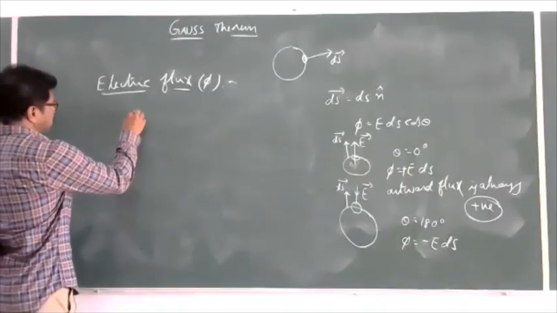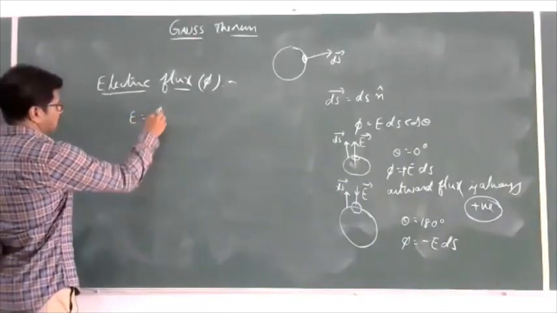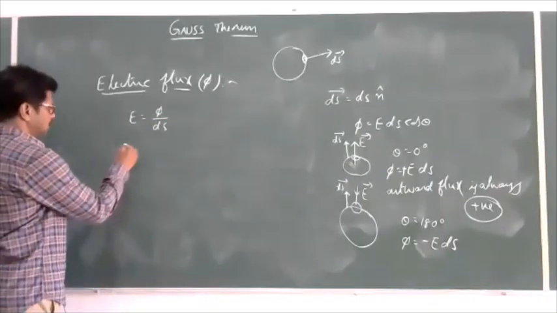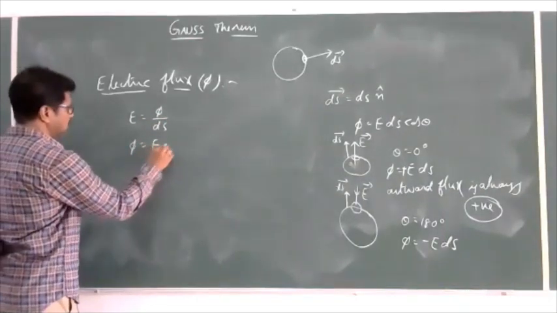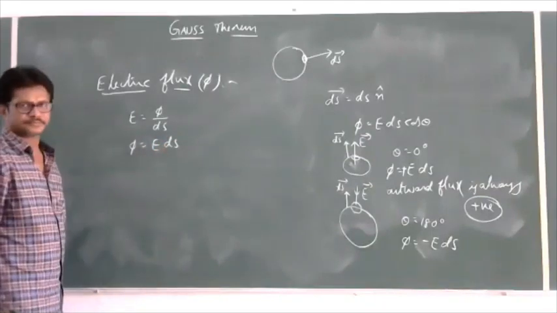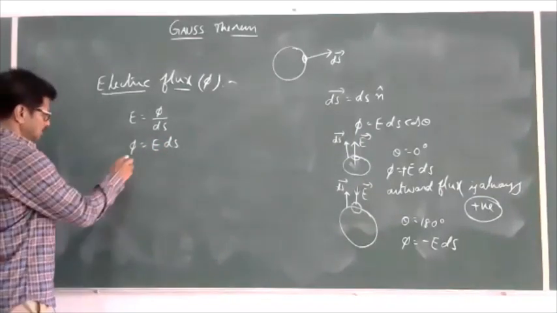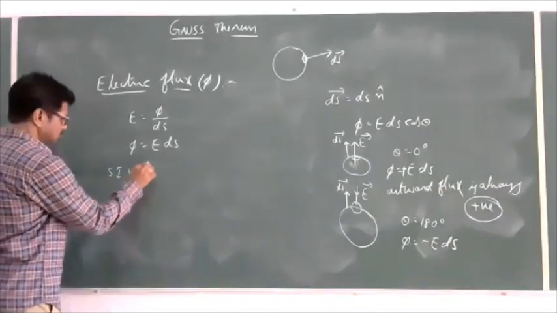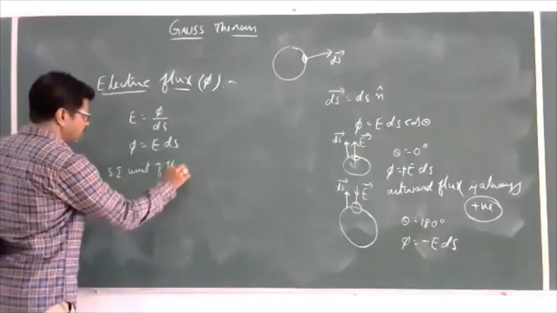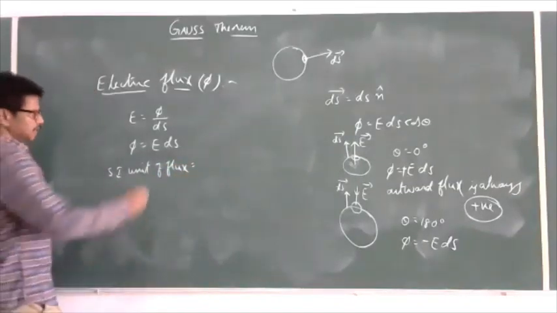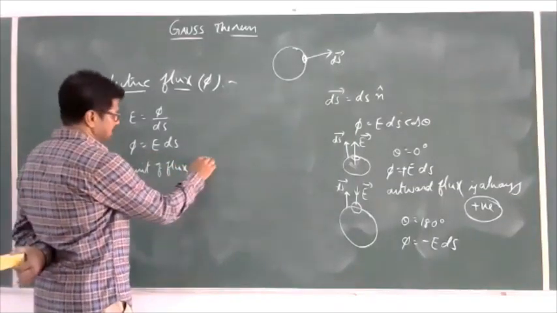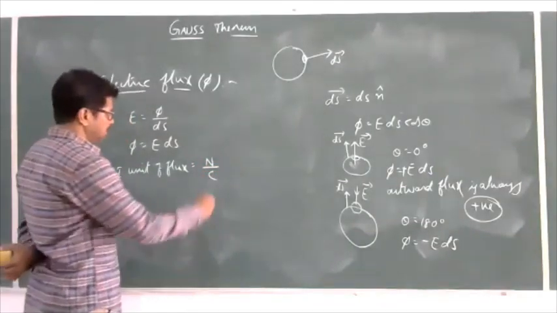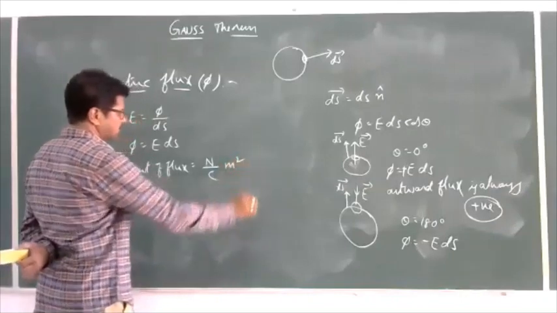Next, as we know, E is equal to phi by ds or E cos theta, no problem. So phi is equal to E into ds. So the SI unit of flux: the unit of electric intensity is Newton per Coulomb, and the unit of area is meter square.